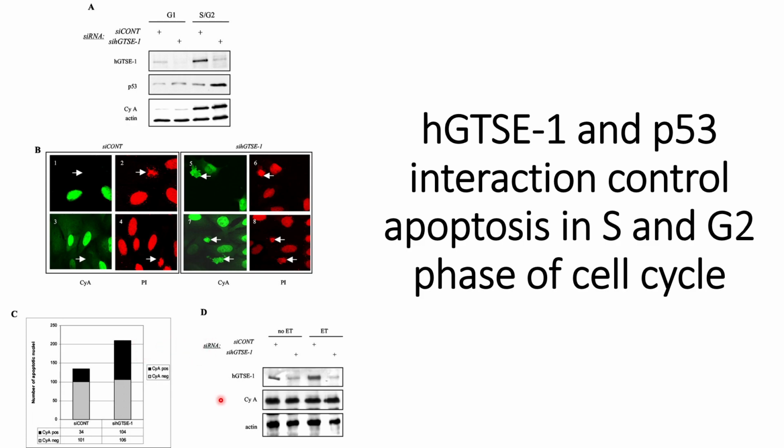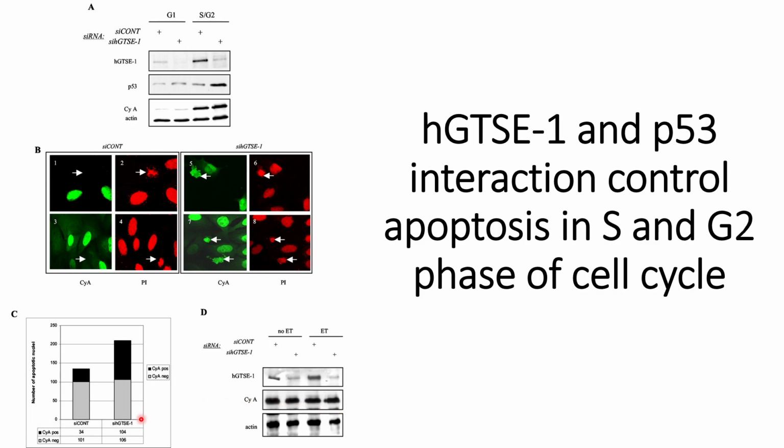Later on, they also checked whether these signals are not because of a rise in the amount of cyclin A within the cells due to some interaction of hGTSE. They checked in no stress condition and also in stress condition, and they saw the same amount of cyclin A within all samples or all conditions.